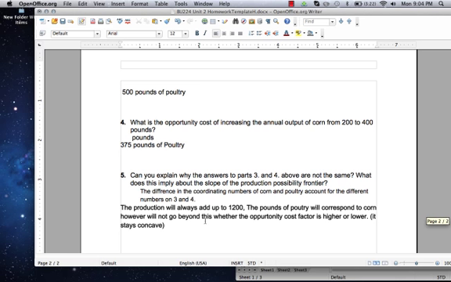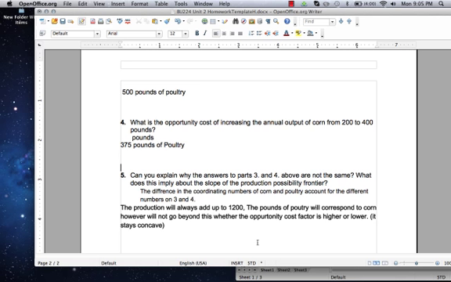Number 5, can you explain why the answers to 3 and 4 above are not the same? The difference in the coordinating numbers of the corn and the poultry account for the numbers of 3 and 4. If we cannot, it's going to have to even out. It's going to have to even out to the 1,200. Either way, it's going to have to correspond.